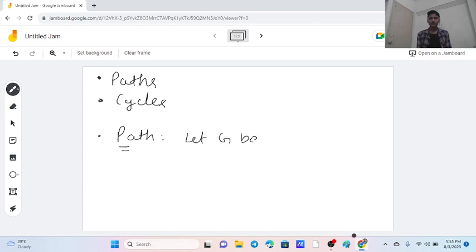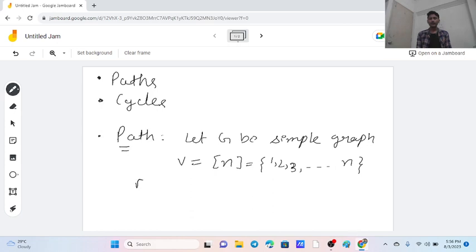Let G be a simple graph such that vertices of G are in the form of a sequence like 1, 2, 3, up to n, and edges are in the form {l, l+1} where l belongs to 1 to n minus 1.